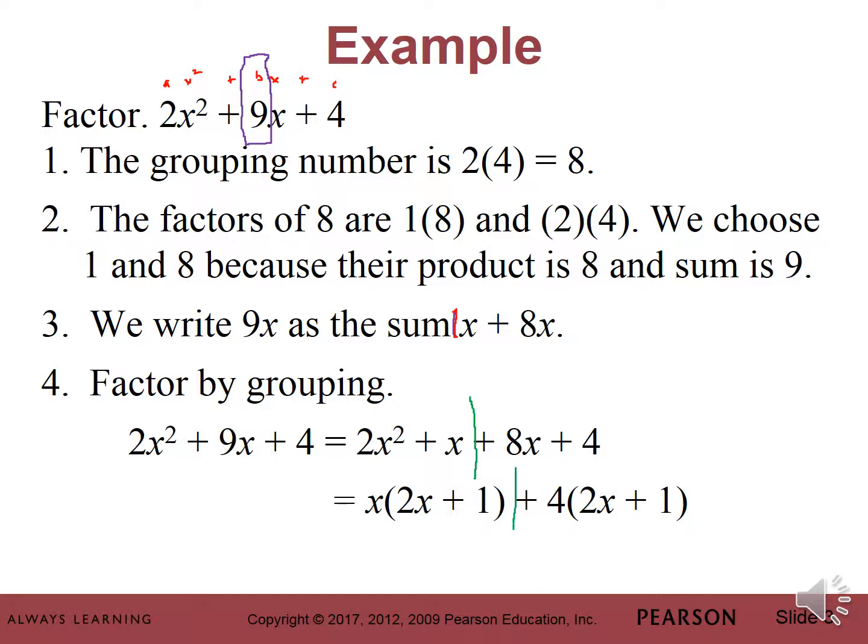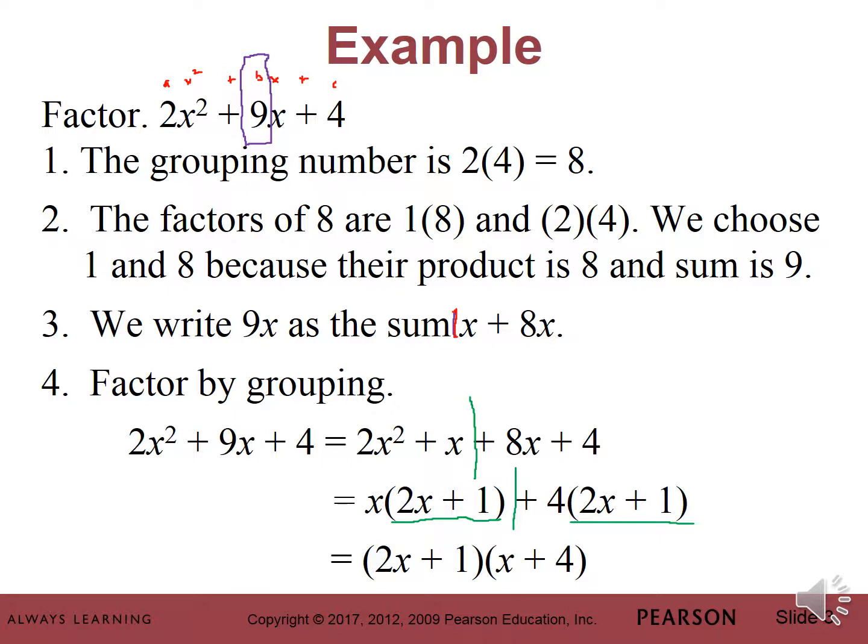2x plus 1 is a factor of both. If we factor out the greatest common factor for the first 2 terms, we get 2x plus 1 on the inside of the parentheses, and we get the same thing if we factor 4 out of the second 2 terms. Well, now we're going to factor the result, right? We're going to take this 2x plus 1, and a factor of 2x plus 1 will appear in the final factorization.